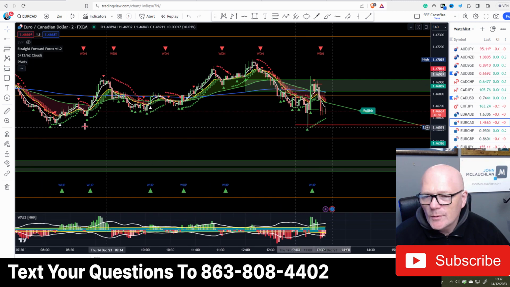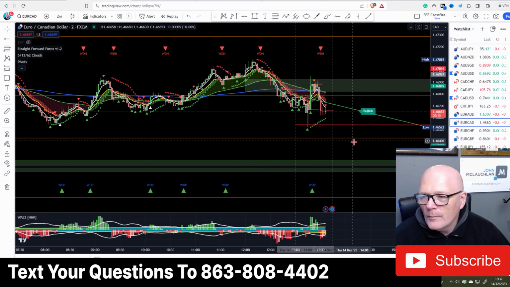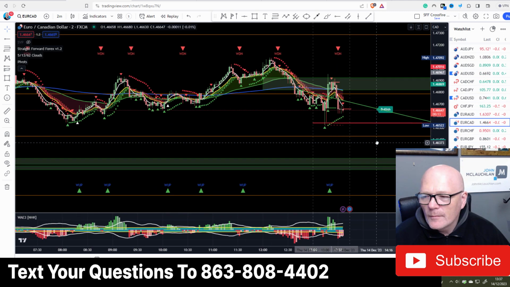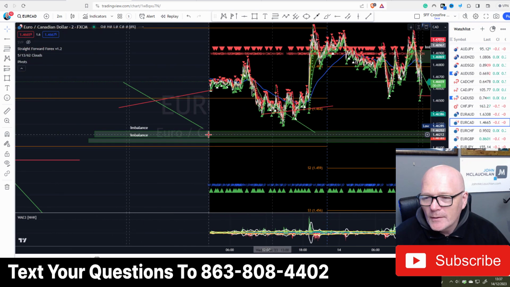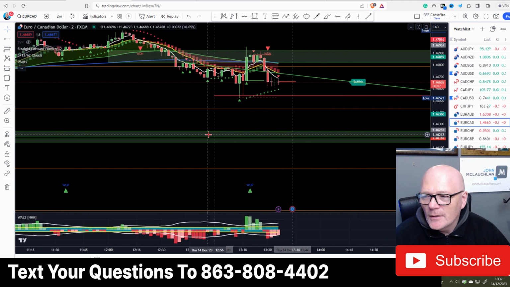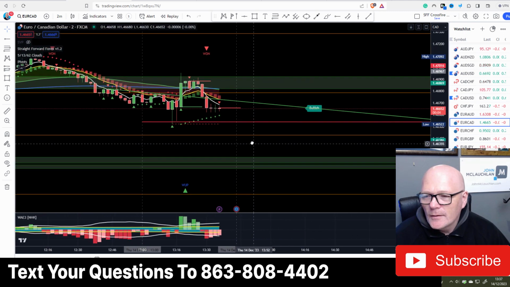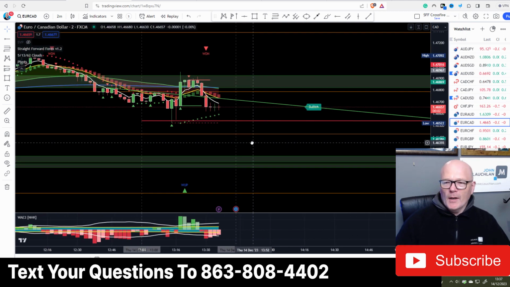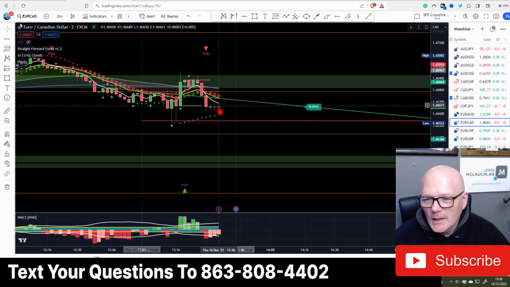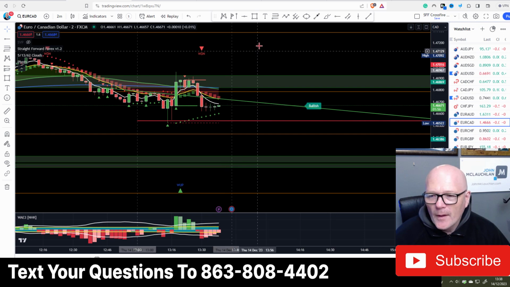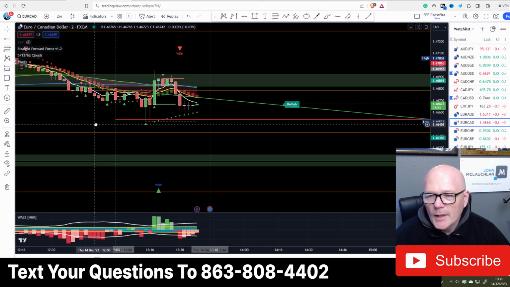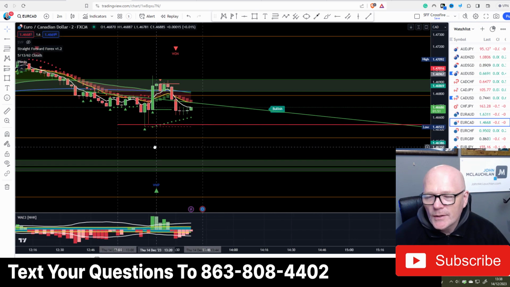So it's come just past here. Price might want to, but then you're looking at the other thing as well. You're looking at all this imbalance. This imbalance is still there. So again, discussing where price might want to go. It might want to continue down, take out the imbalance, and then go back up again. But again, we've just got to bide our time and see what's going to happen.